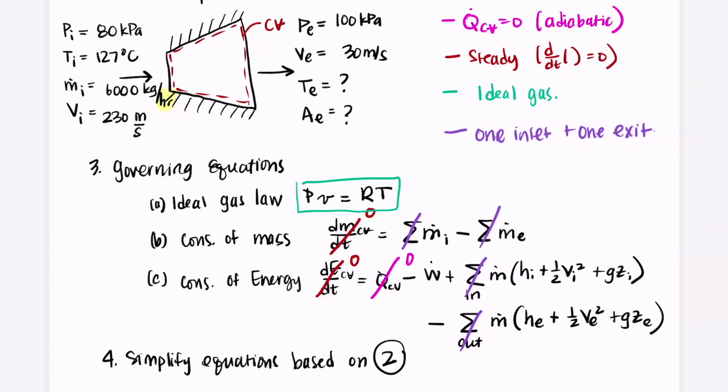Are there any other assumptions we should add to this list? Are there any other terms that we can potentially get rid of? Say again? Yeah, so we're going to neglect potential energy. I need a different color.